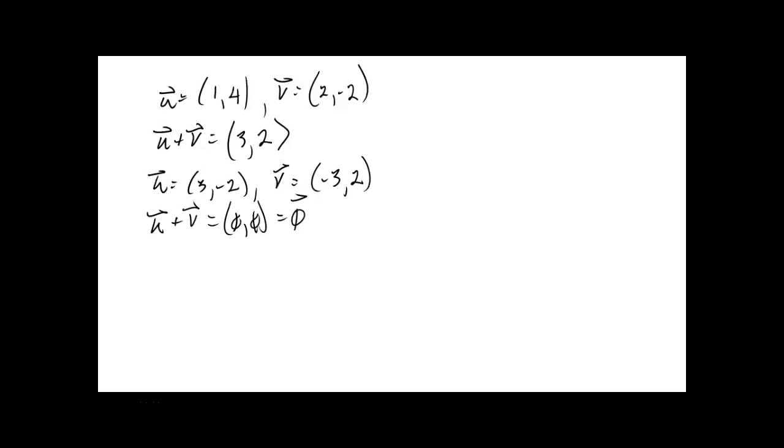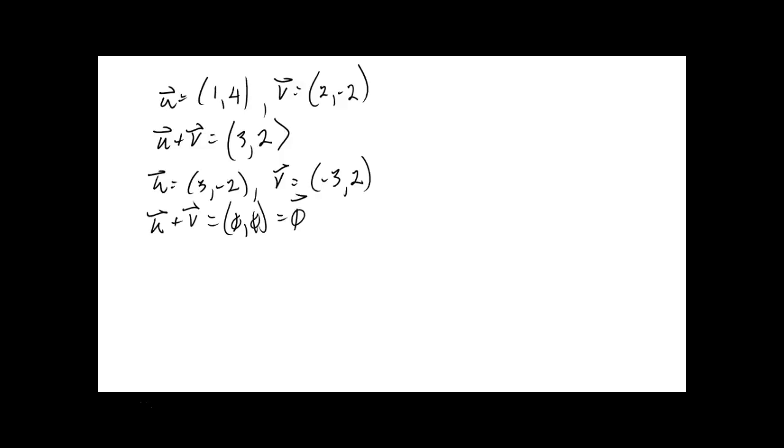Equal vectors in the same line, equal magnitude, opposite directions, their sum adds to 0. So that's why you get the 0 vector there. And that's why we need to have the 0 vector defined, because otherwise this would not be a closed operation.